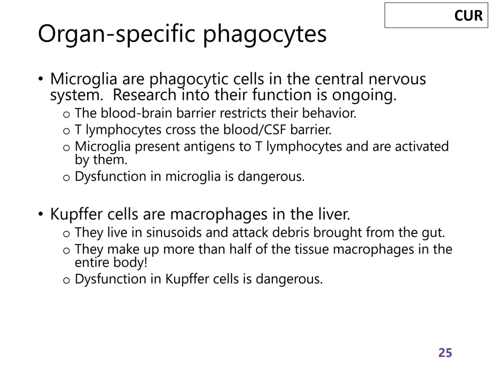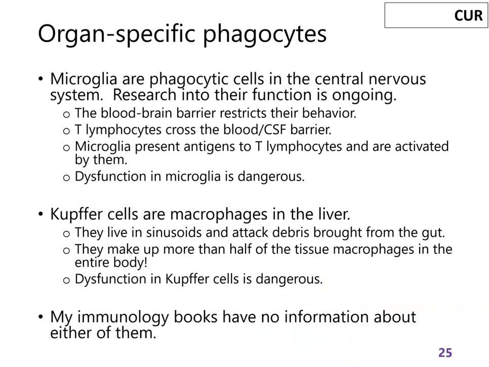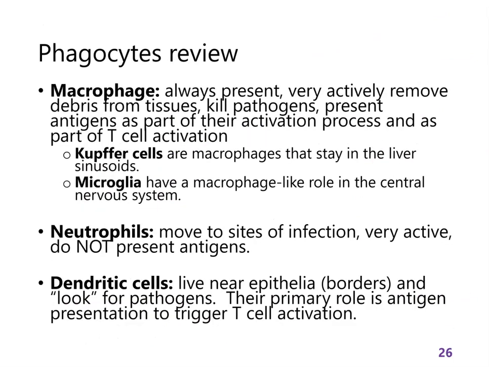And the first cells it encounters in the sinusoids are macrophages, specifically the Kupffer cells. So they make up a huge fraction of the macrophages in the body. And they protect us. And this slide is for curiosity because I don't have any more information about them. They're not in my immunology books.